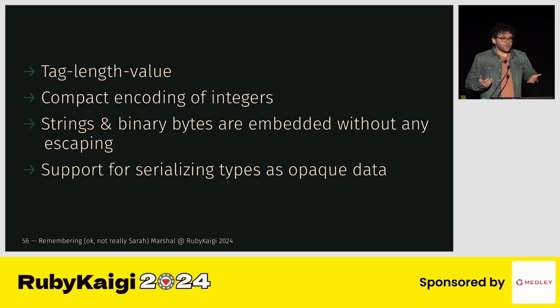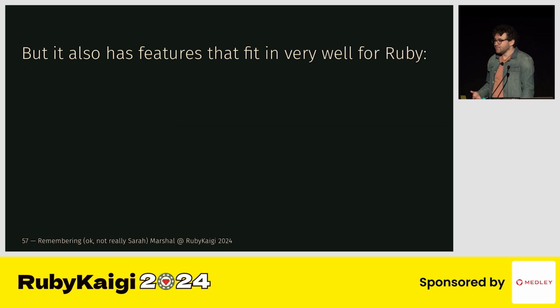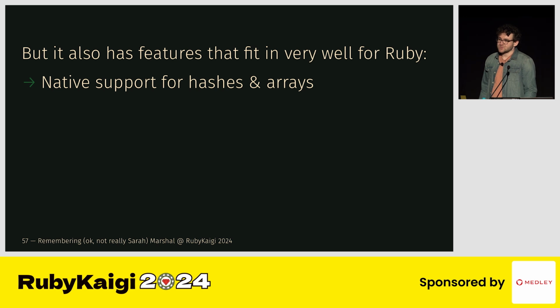It has support for arbitrary serialization of types as opaque data. All good stuff. But it also has a bunch of features that fit in really well in Ruby, like native support for hashes and arrays, and also hashes with default values and stuff like that.